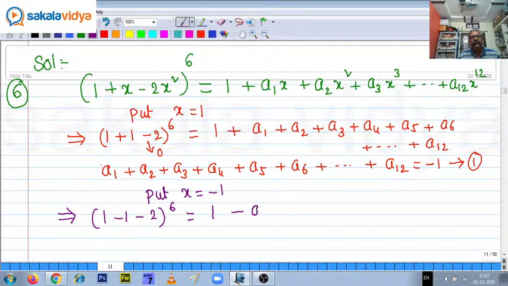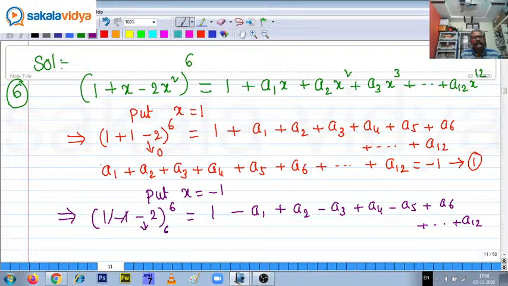On the other side, 1 minus a1, because whenever an odd power is there you get negative, and an even power gives positive. Alternating signs: a2 minus a3 plus a4 minus a5 plus a6 and so on plus a12. So the 1 and 1 cancel, and minus 2 raised to the power of 6, an even number, gives positive. This value is 64.